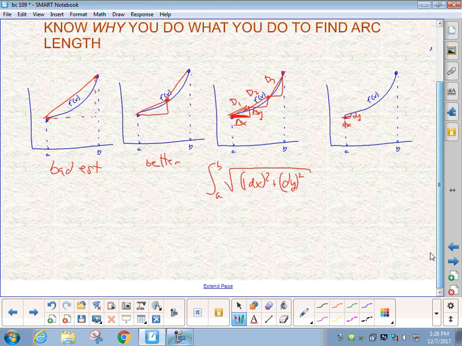Two differentials. So make it so it's one differential. dy is the first. F prime dx.